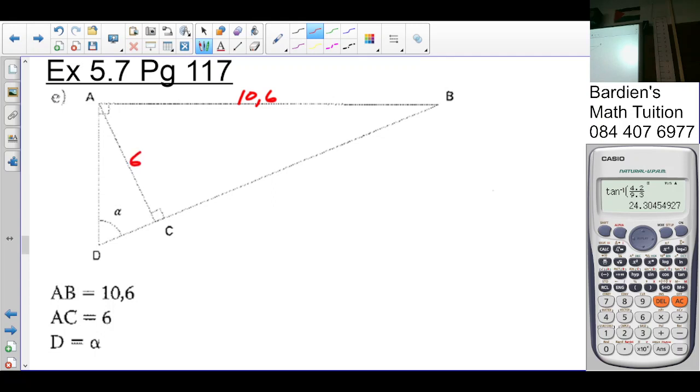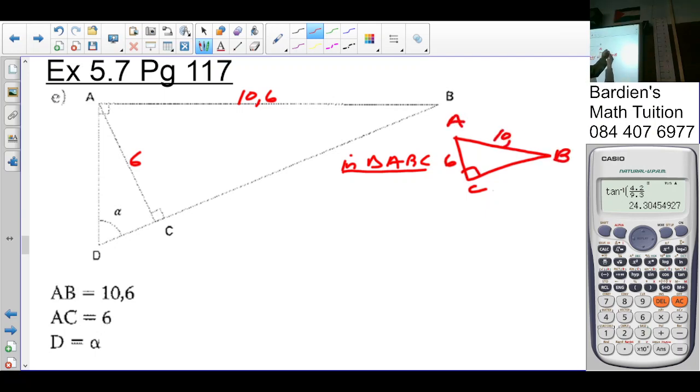Sorry? Sum of angles in triangle ABD. You all agree with that? The big triangle. So let's go with it. This is in triangle ABC. You don't have to write this, and you don't have to draw it. I'm drawing it so that some people can see it straight away.